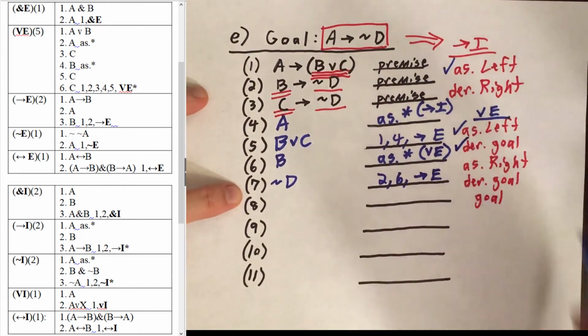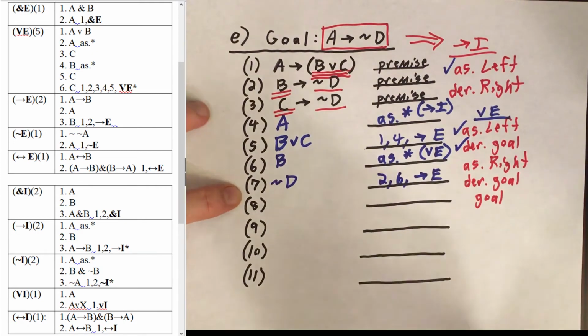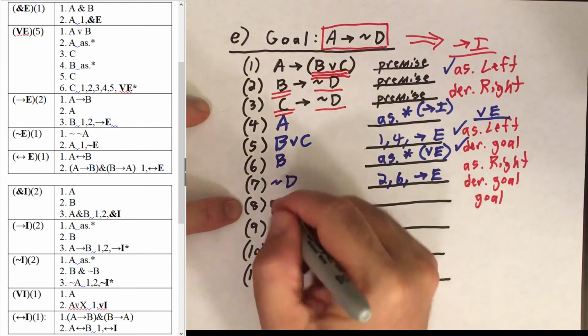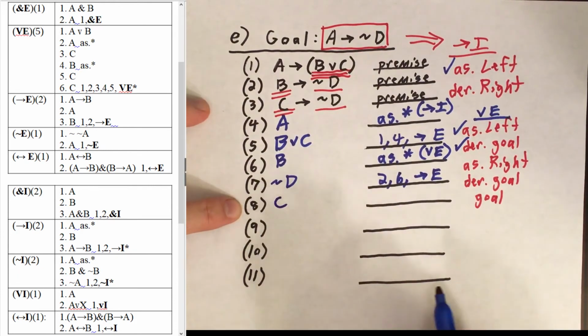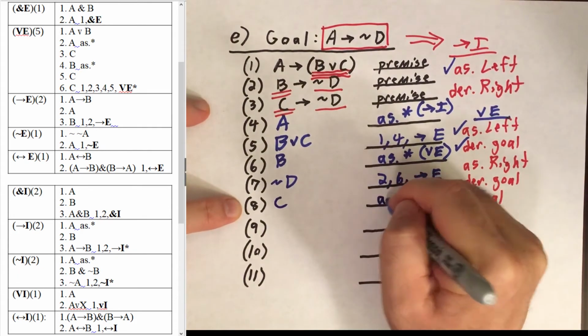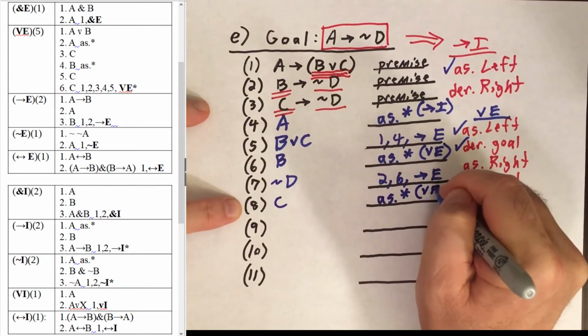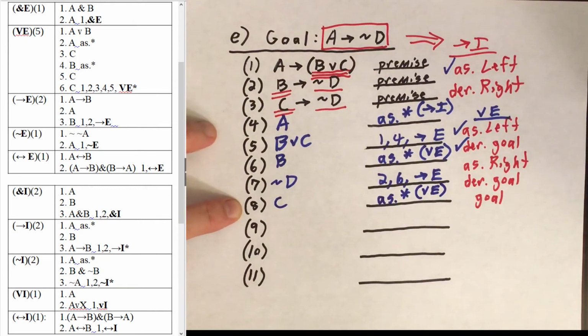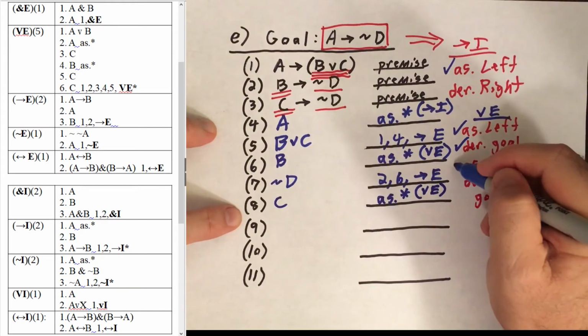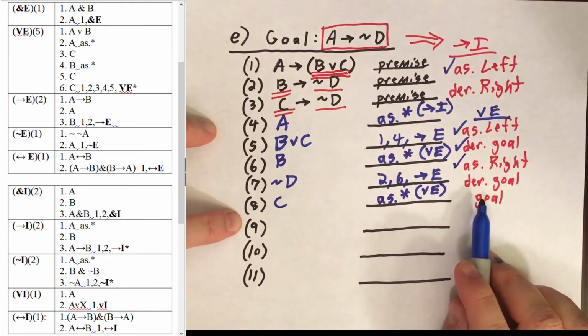So we were able to derive our goal from the left side. Now what do I do? Assume the right side. I assume C, the right side of the OR I'm taking apart. Why? An assumption. I make a little note so that I know this will be legal as soon as I use the rule. I assume the right side. Now I'm trying to derive my goal.